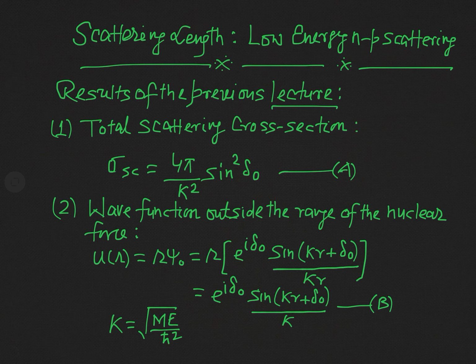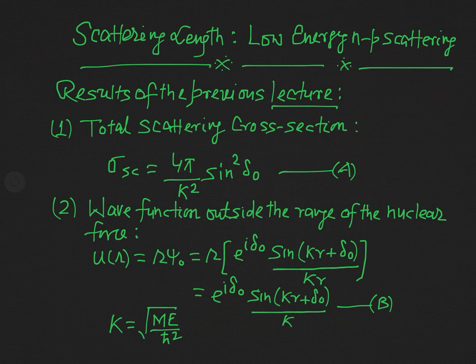Let us see the total scattering cross section in case of low energy NP scattering. We have found that it was sigma Sc equal to 4 pi by k square sine square delta naught.